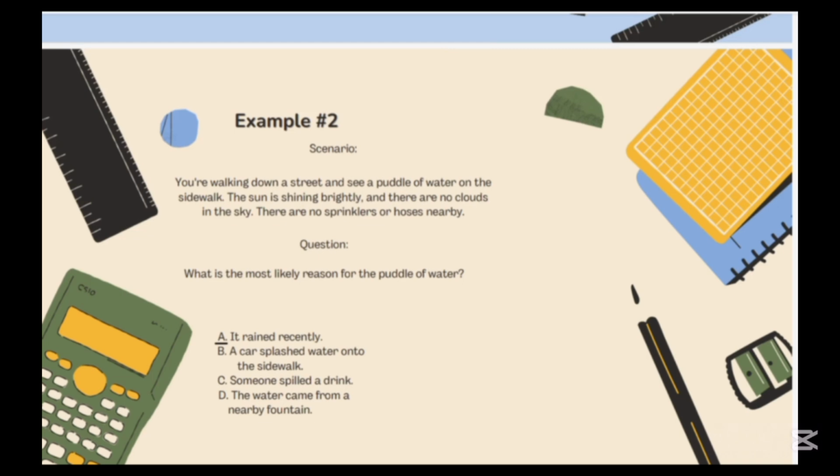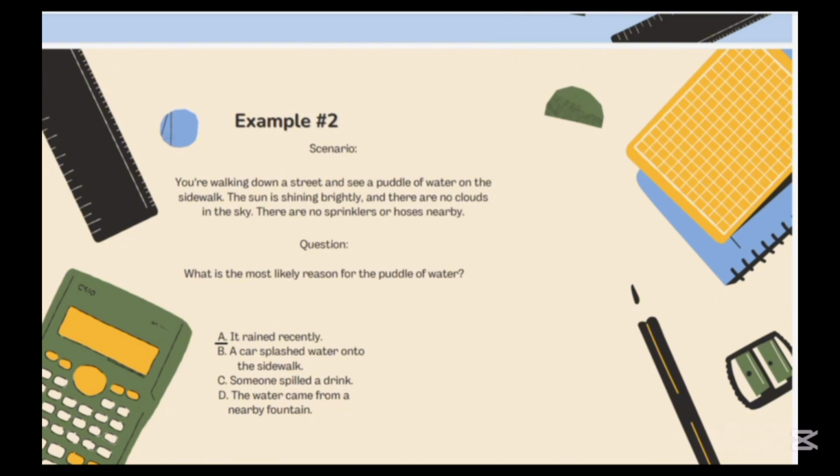We assume the water didn't come from sprinklers, hoses, or spills. Okay. Mag-a-assume tayo na yung water ay hindi galing sa sprinklers, hoses, or spills. Because it rained recently. The third is deduction.